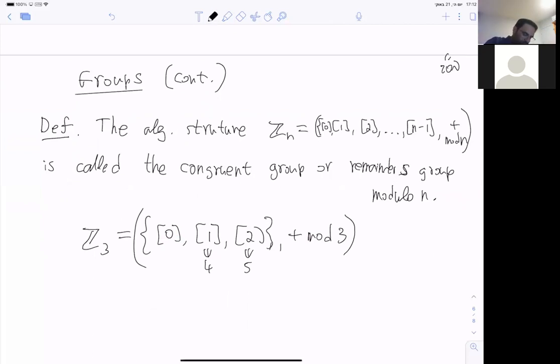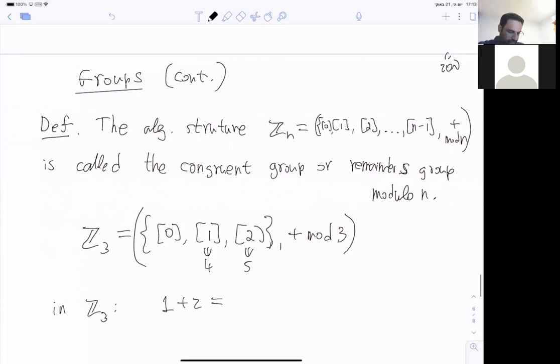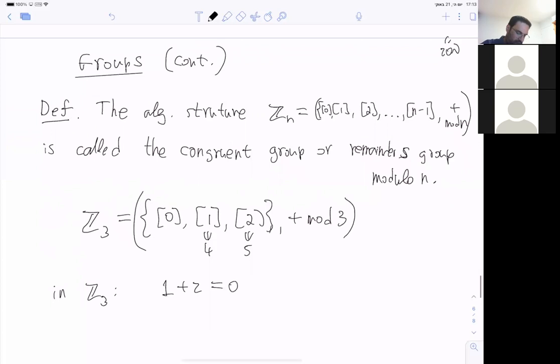And this is taken together with the operation of plus modulo 3, which means that we take some representative here. For example, what will be 1? We are not always going to write these brackets; we just know that we live in Z3. So in Z3, 1 plus 2 is what? What do you say? 1 plus 2 is 0. Okay.